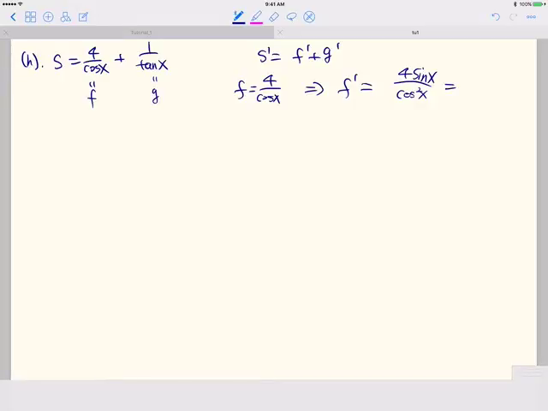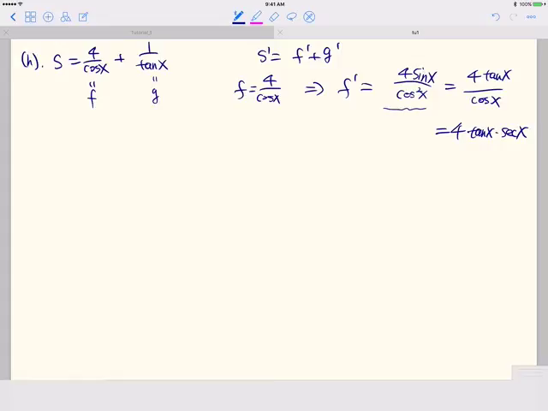This is just 4 times tangent x, because sine x over cosine x is just tangent x. Or you can just leave it here over cosine x. Because 1 over cosine x is just SEC x, times 4 tangent x. Okay, that'll do it. And g prime, what's g prime?